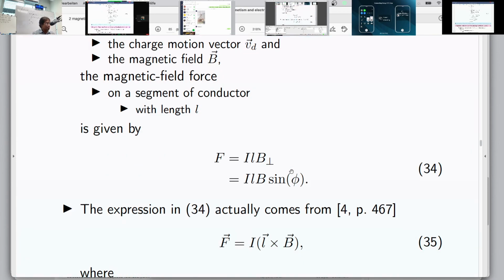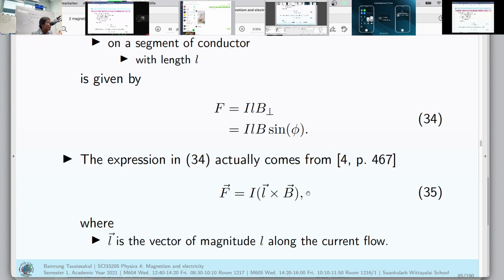We substitute B with perpendicular subscript into the typical result in equation 33, so finally we get ILB sine phi as the new result. You can apply 34 to any situation, whether it's a right angle, 90 degrees, or not. You can apply 34 for a large number of problems right now.